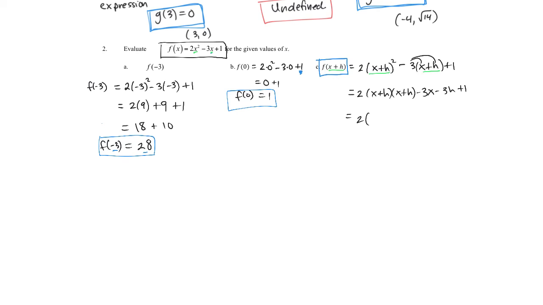And here I would get x squared plus an xh plus another xh, so there's 2 of those, and then plus h squared minus 3x minus 3h plus 1. And then distributing my 2 to everything, I would get 2x squared plus 4xh plus 2h squared minus 3x minus 3h plus 1, and that is the output.